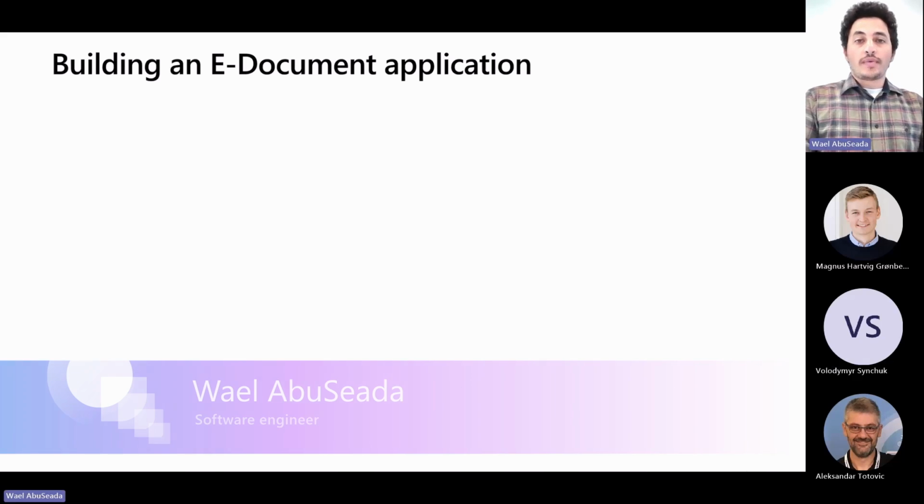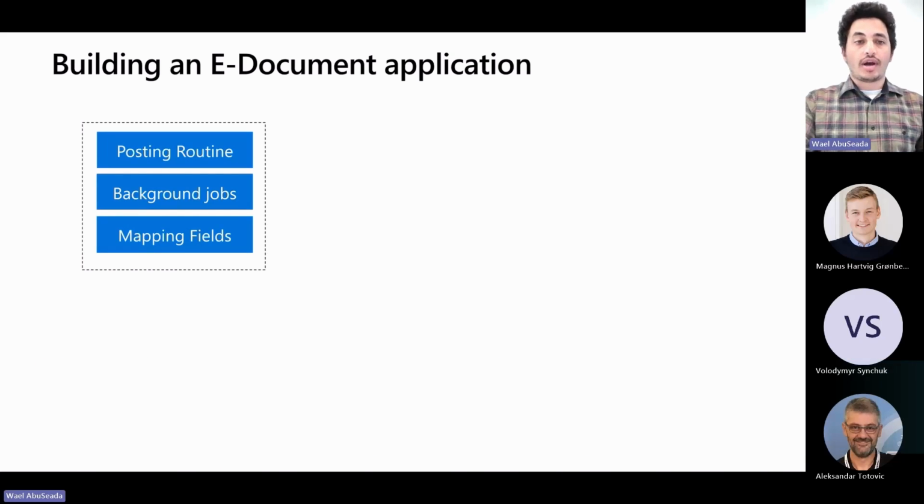So now, if you are building your own e-document application, you'll start by subscribing to the posting routine. You will obviously need to implement some background jobs to run all your code in a background job.